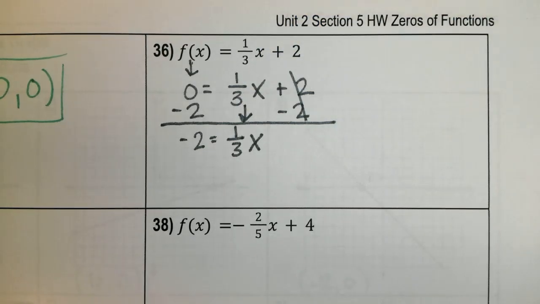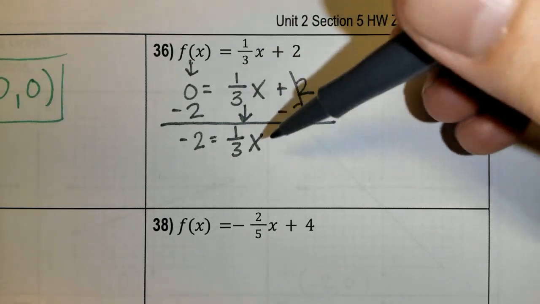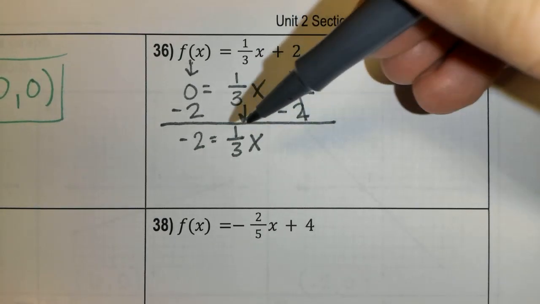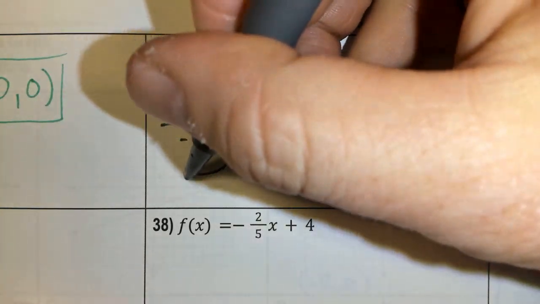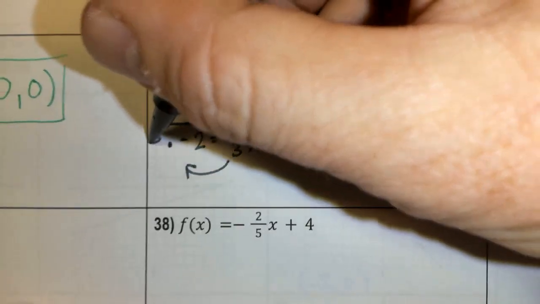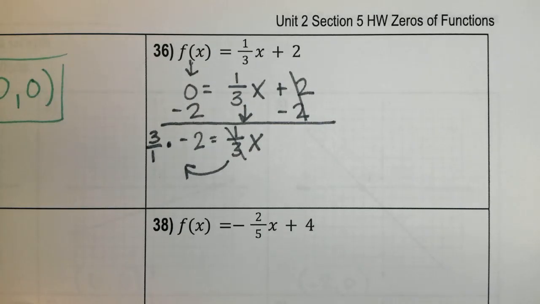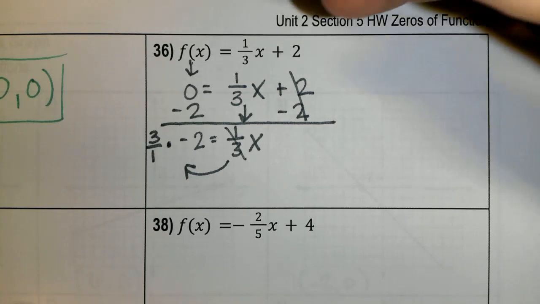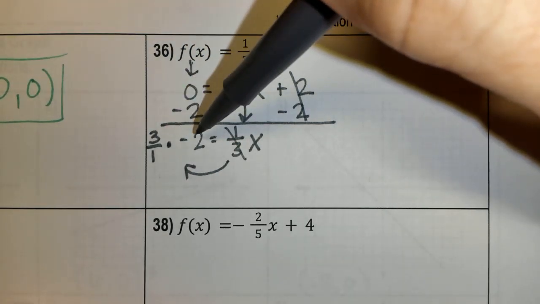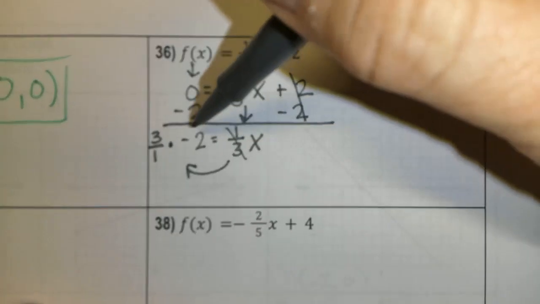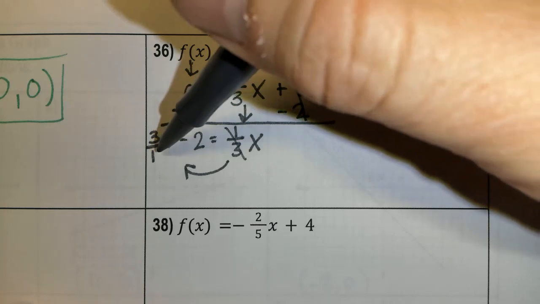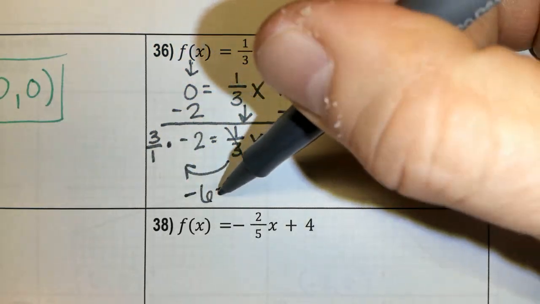Bring down the 1/3 x. And to get x, you divide by the coefficient. But when I divide by a fraction, I multiply and flip the fraction. So fractions flip, that's the way I always think of that. So now I just multiply. I have 3 times negative 2, or the other way, negative 2 times 3 is negative 6, divided by 1 is just negative 6.